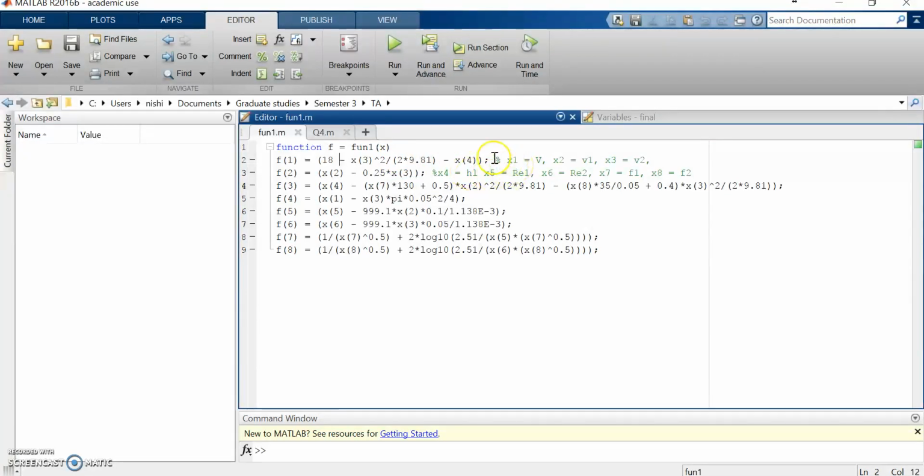I forgot to mention one thing over here: before you start writing all these equations down, you need to specify what your variables will be. So for my system of 8 equations, my variables are x1, the volumetric flow rate, x2, velocity at point 1, x3, velocity at point 2, and x4, HL, and so on.